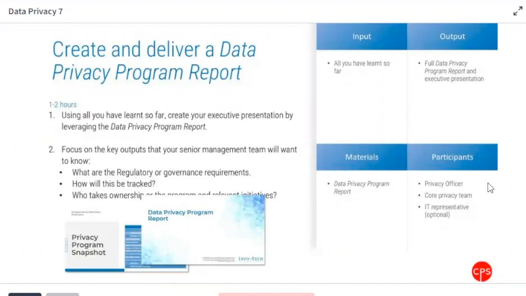These are the 4 core members of the privacy team, which should also be actively involved in writing the privacy program report, and then the ISMS manager, information security manager or a representative from the information technology unit. So we have come to the end of the privacy program.